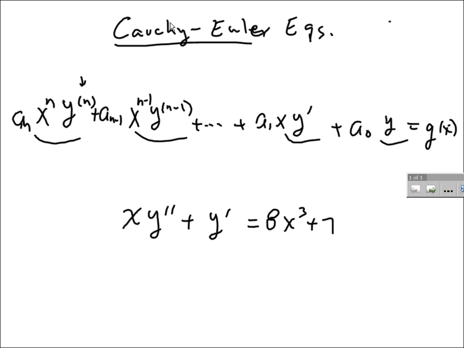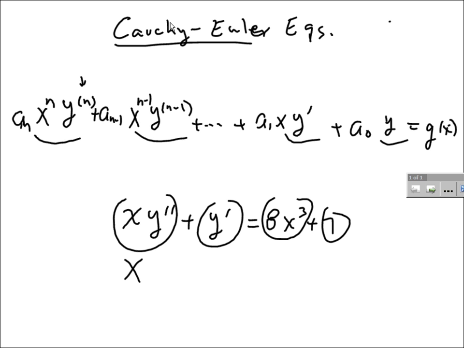Now, this does not fit the Cauchy Euler equation like I have above. But if I were to multiply each and every term by x, everything is fine.